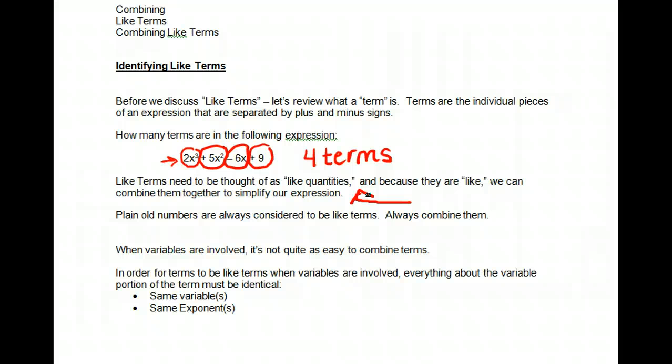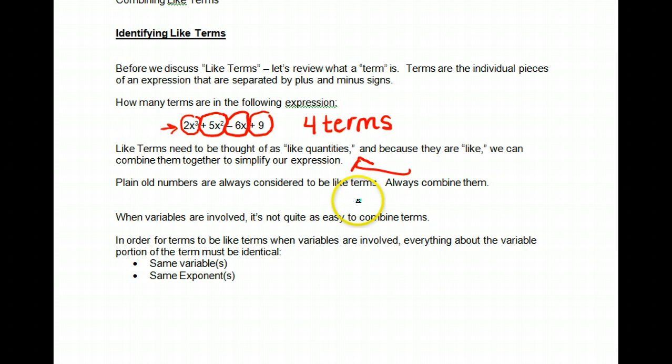That wouldn't make sense to do. So that is what the concept of like terms is doing. You are picking up all of your items that are the same and combining them together so that your expression can be more simplified and nicer to look at. That's what's happening there. Okay?